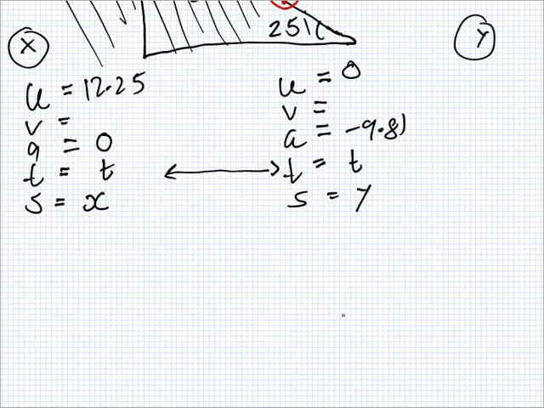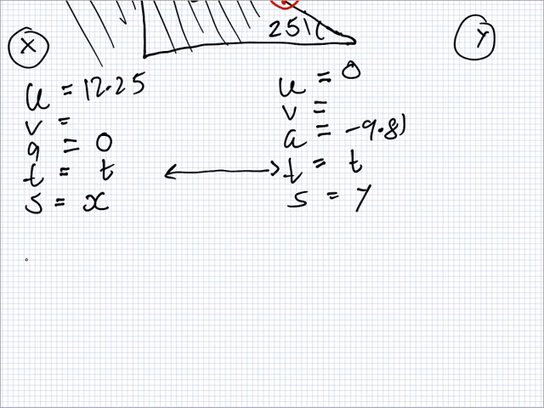So what equation should I use here of my 4 equations? We can't use V equals U plus AT, because we don't know the V. We want one that has UAT in it, ideally, and an S. I think S equals UT plus a half AT squared will do nicely.